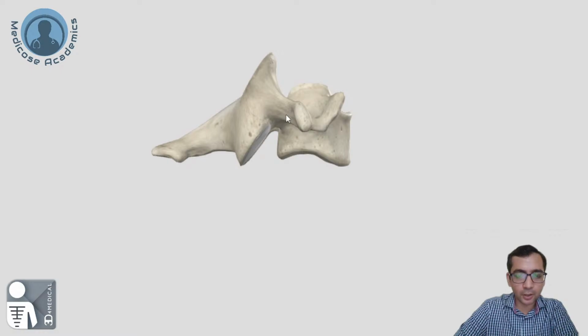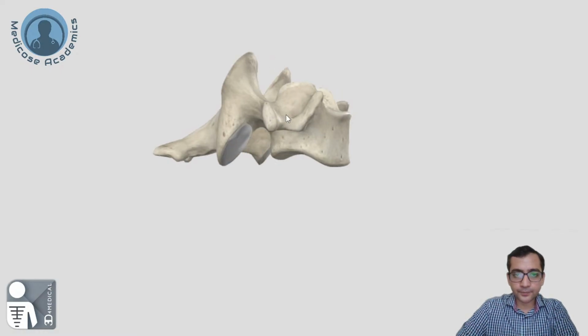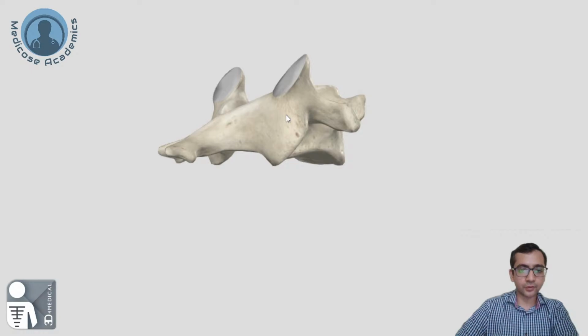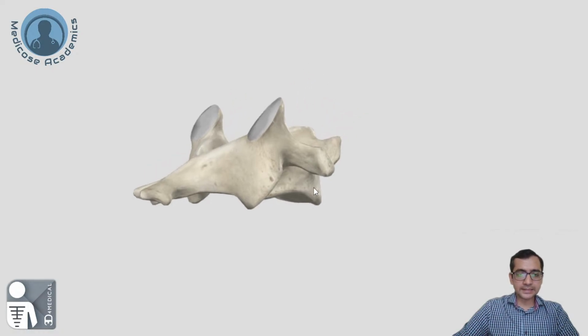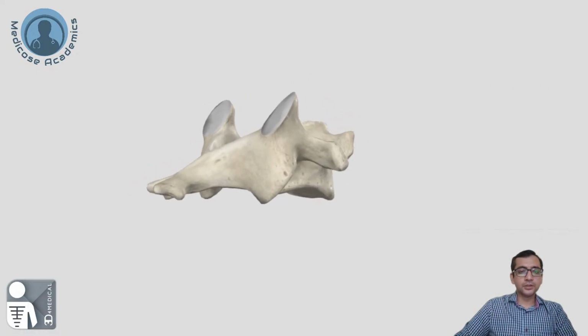It is moving mostly downwards and forwards. There is a little lateral component to the inferior one and a little medial component to the superior one, but it is negligible. Their major direction is forward and downwards for the inferior and backwards and upward for the superior one. So this is the typical cervical vertebra.